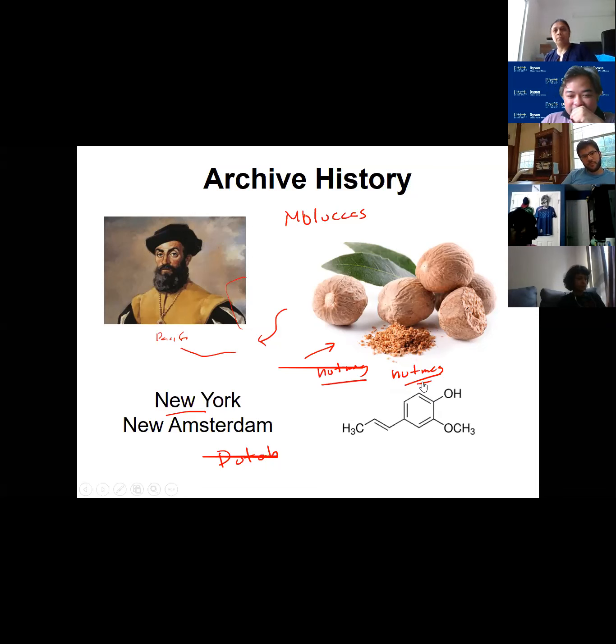Okay, because one of the things that comes out there is isoeugenol, which is the structure there. So until the Second World War, the Dutch people controlled the market of nutmeg. So if the Dutch didn't give up the place that becomes what we are now, New York, we're going to be called New Amsterdam.